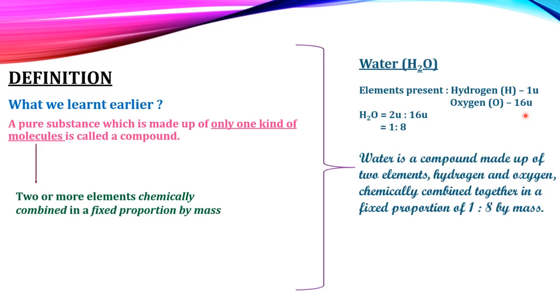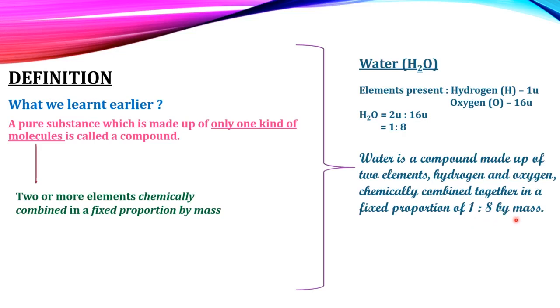When you consider the ratio of their masses, it is 2 u is to 16 u, that is 1 is to 8. So water is a compound made up of two elements, hydrogen and oxygen, which are chemically combined together in a fixed proportion of 1 is to 8 by mass.